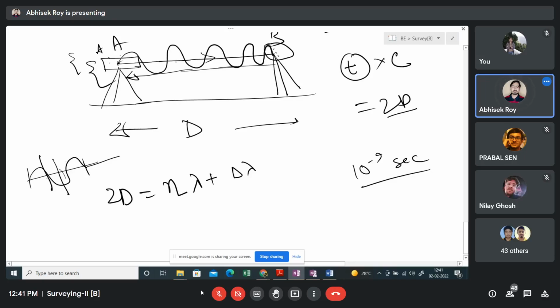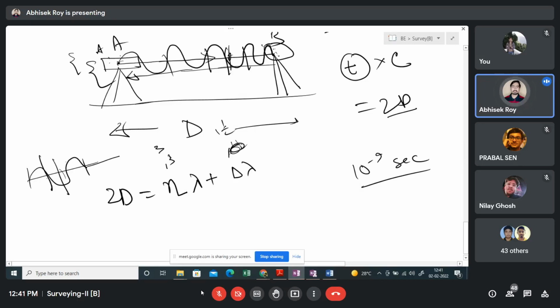So it has completed one, two, then three, and then say 1.5. So 3 full wavelengths it has completed, and then 1.5. So on returning back, it will complete again 3 and again 1.5, right?